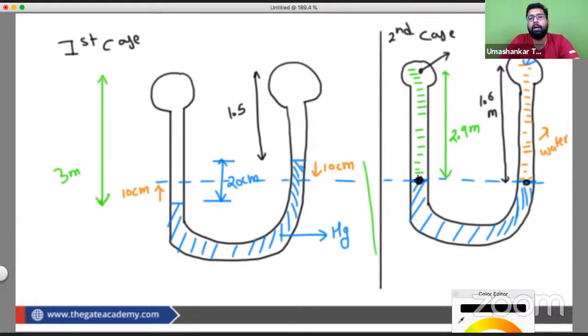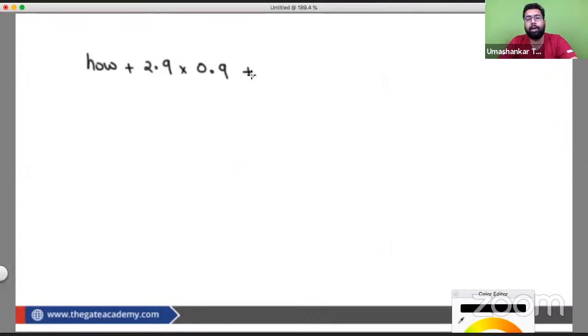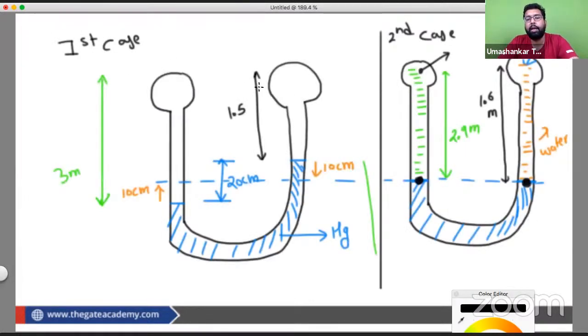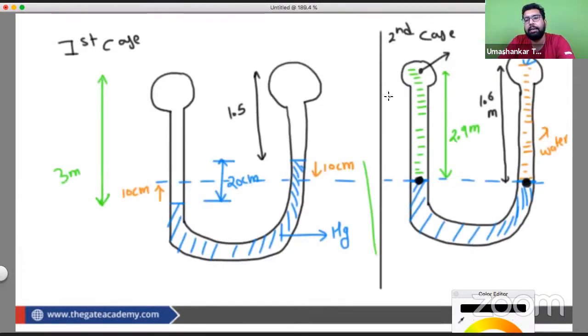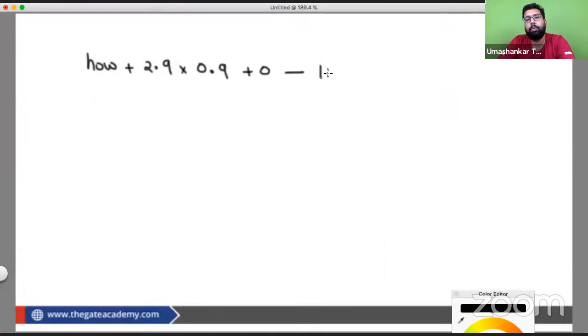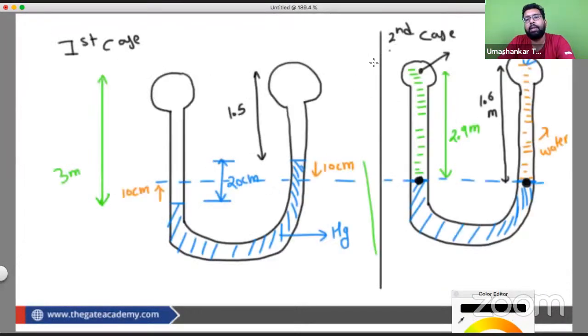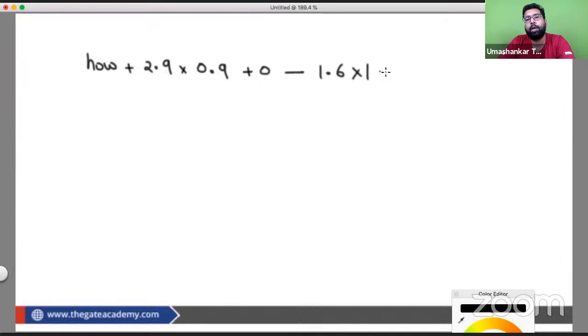So from here, we can directly jump to this point. Now from this point, we are moving upwards, so we must subtract, or we can write plus 0, then minus. We are moving by the distance of 1.6 upward, and we are moving in water, and then we are reaching HBW.